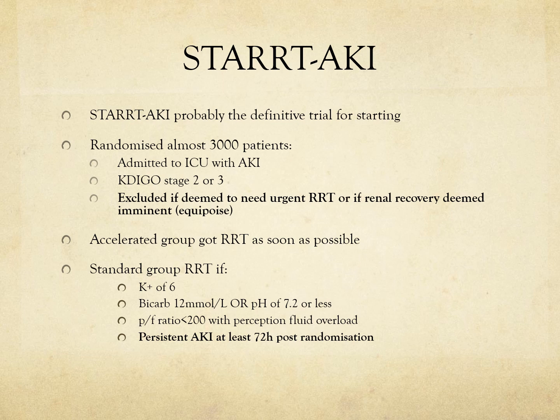And they excluded them if they were deemed to need urgent renal replacement therapy. And essentially they compared either giving them early renal replacement therapy or delaying renal replacement therapy until they reached what we would consider an emergency renal replacement therapy indication.